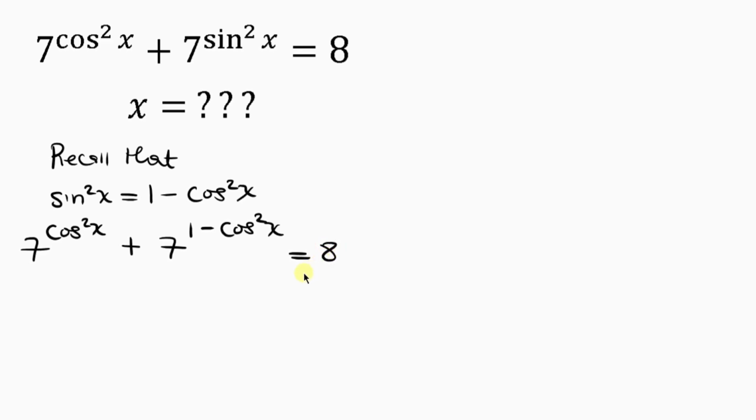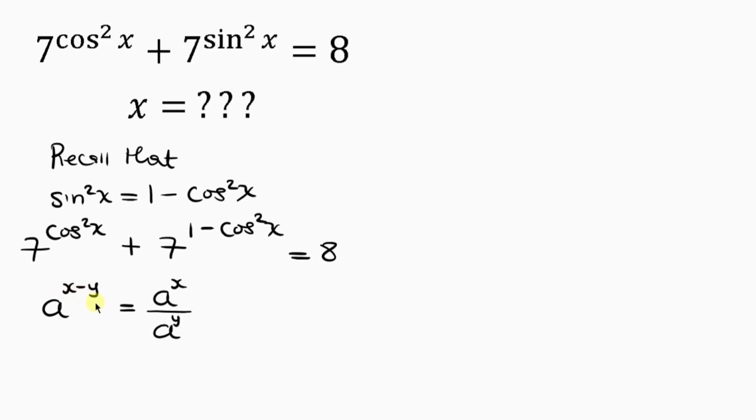Now I'm going to be applying the law of indices here, which says that when I have a, which is a base, to the power of x minus y, since this is minus, it shows that it is a division. So this can be written as a to the power of x all over a to the power of y. The reason for this division is because of the minus we see here.